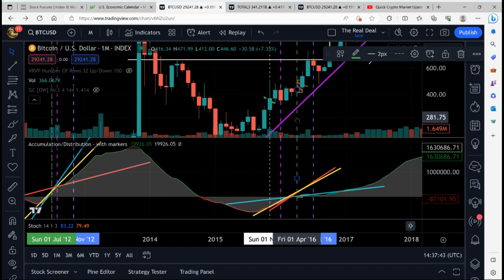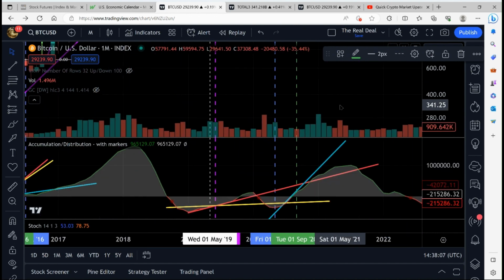After the green line here, this slope is very, very shallow. We had very, very shallow slope on this indicator, and that would be why we fell back down here.